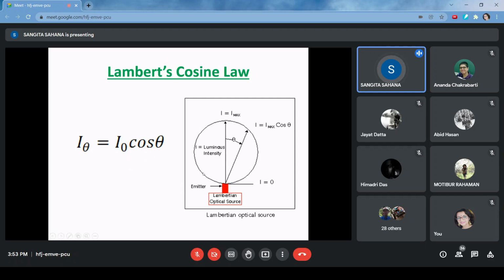That means this profile will be a sphere. If this is a Lambertian source, at this point I is maximum, at any other point it is I max cos theta, and the luminance is the same regardless of viewing angle.